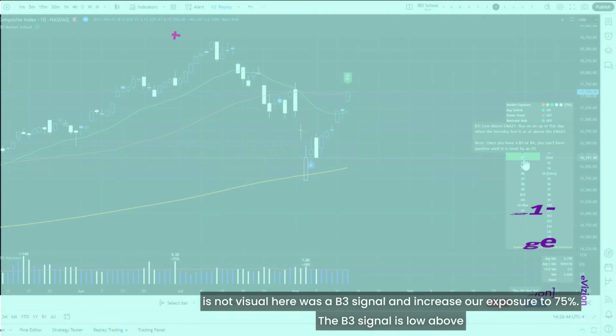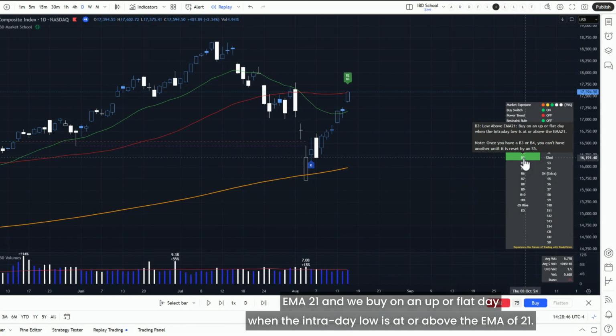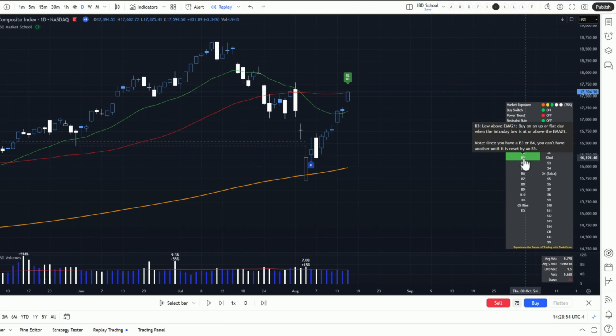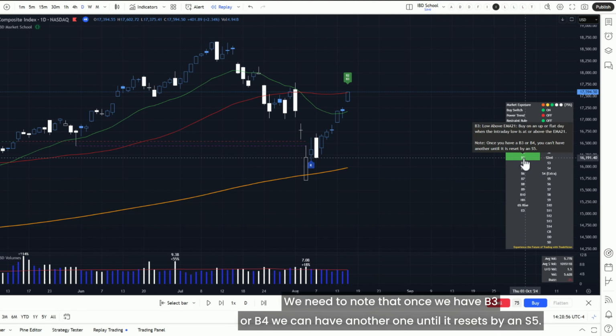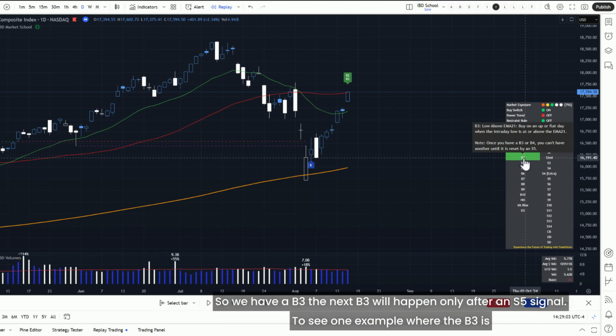The B3 signal is low above EMA 21, and we buy on an upward flat day when the intraday low is at or above the EMA of 21. We need to note that once we have B3 or B4, we can't have another one until it resets by an S5. So we have a B3, the next B3 will happen only after an S5 signal.